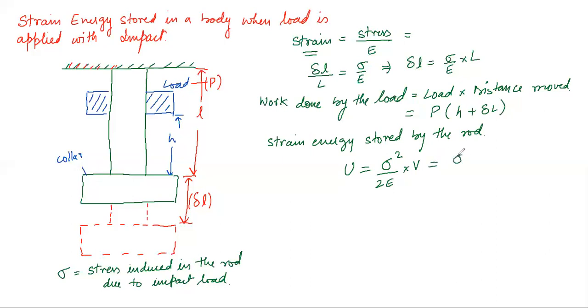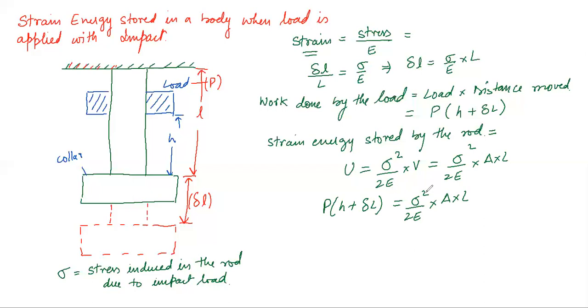So we can also write it as sigma square by 2E into area into length, right? So we all know that the energy stored in the body is equal to the work done by the load, right? So we can write this expression, that is P into (H plus delta L), which is also equal to sigma square by 2E into area into length, right?